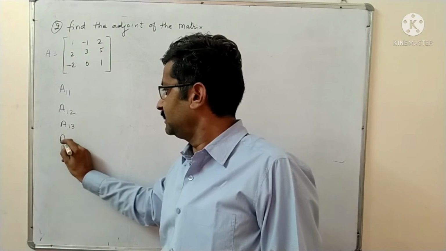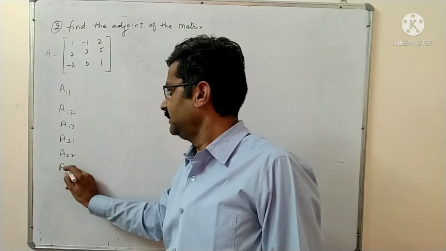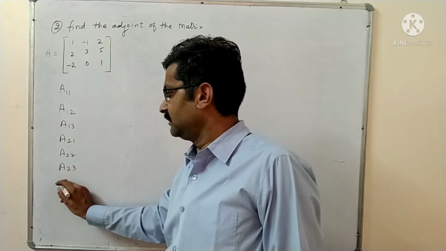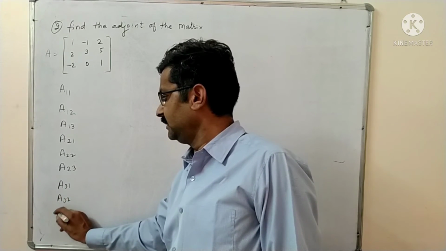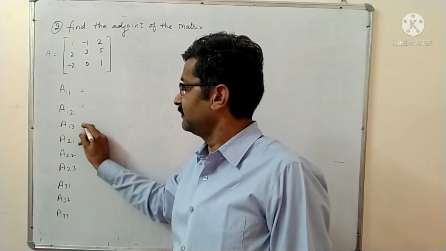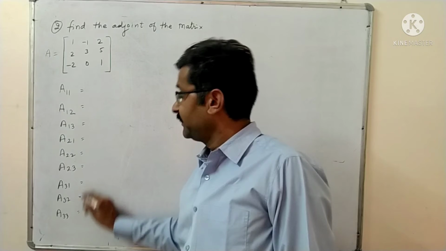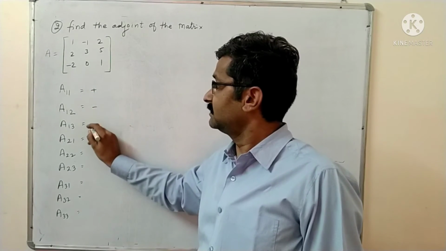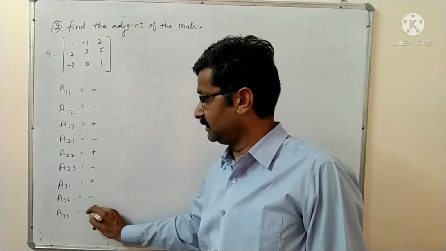Then the second row is a21, a22 and a23. Then the third row is a31, a32 and a33. These are the cofactors. You will find 9 cofactors here, and you check the signs, plus minus: plus, minus, plus, minus, plus, minus, plus, minus and plus.